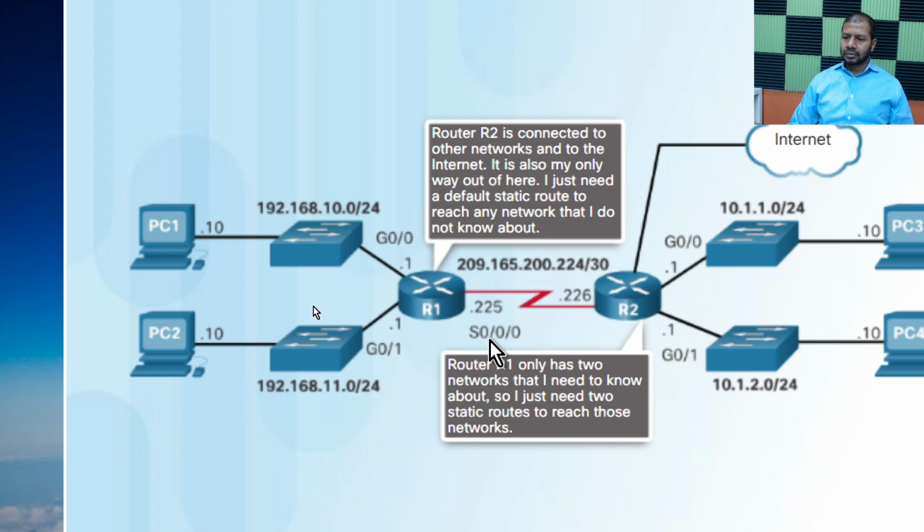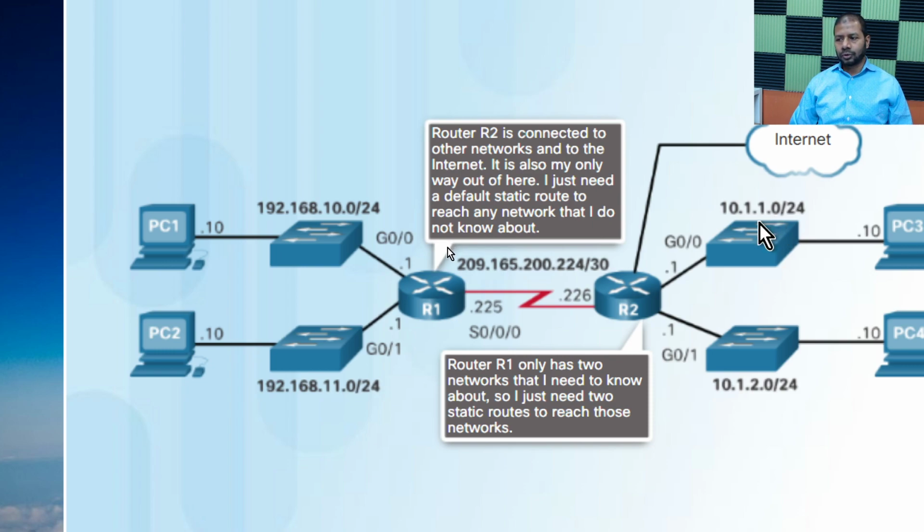Now, as opposed to that, if you look at my mouse here, 10.1.1.0, this network right here is not connected to R1. It is far away with a WAN connection, wide area network connection. So R1 would not know about these remote networks, other than in two ways.